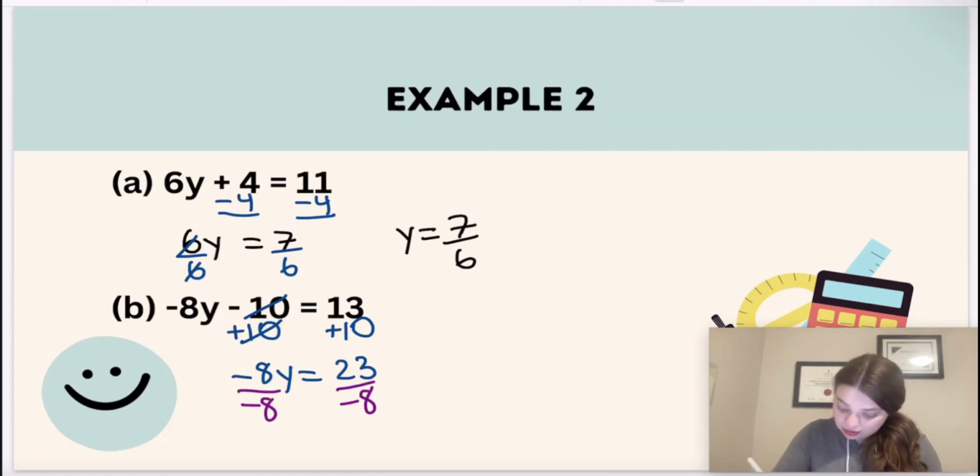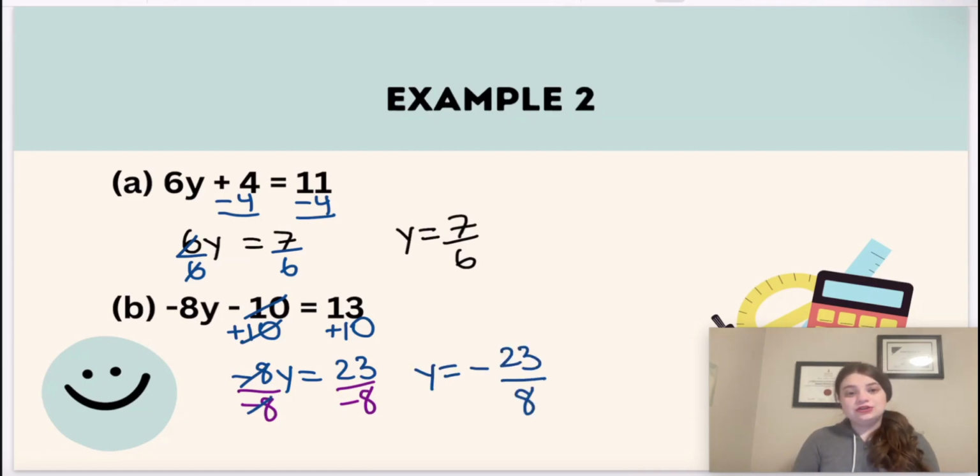And then I get on my left that these cancel, and on my right, I get negative 23 over 8. And 8 does not evenly go into 23, nor do these numbers have any common factors other than 1. And so the final answer is just y is equal to negative 23 over 8. So yet again, we have another situation where the final answer is not a nice round number, where the final answer is actually a fraction.